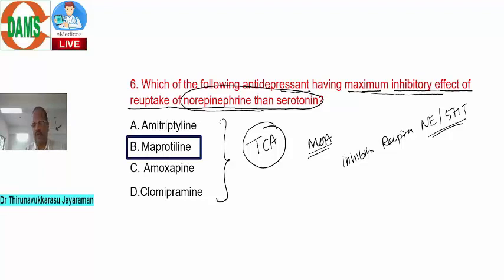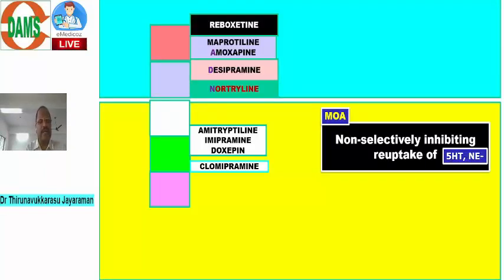Why? I'll explain now. Look here. The common examples of tricyclic antidepressants are clomipramine, doxepin, imipramine, amitriptyline, and we also have nortriptyline, desipramine, amoxapine, maprotiline, reboxetine.